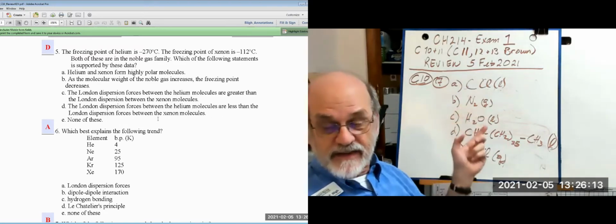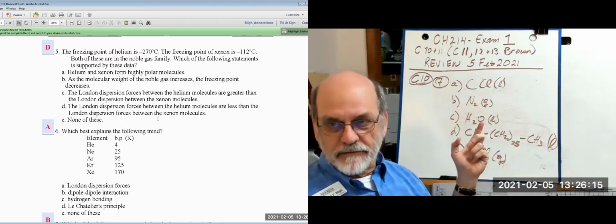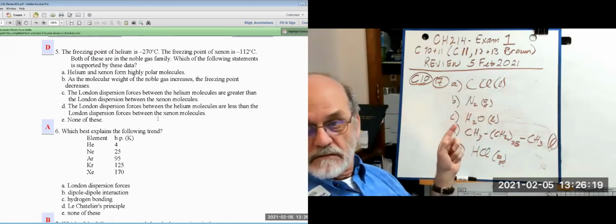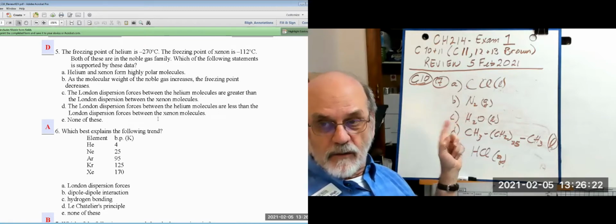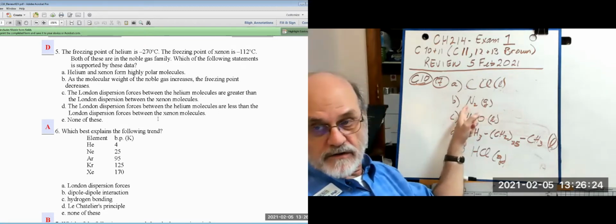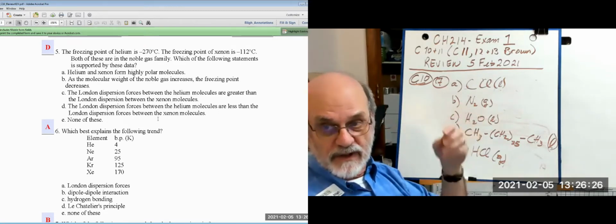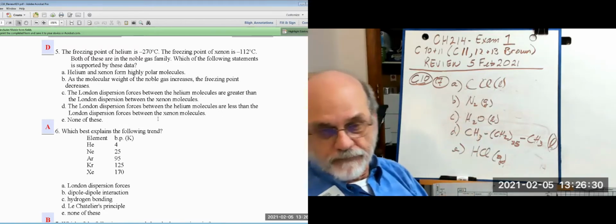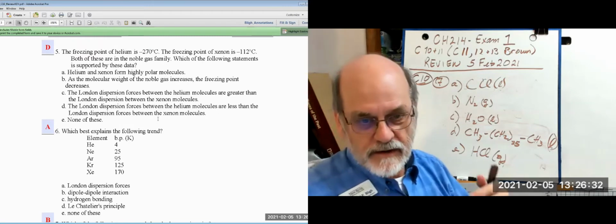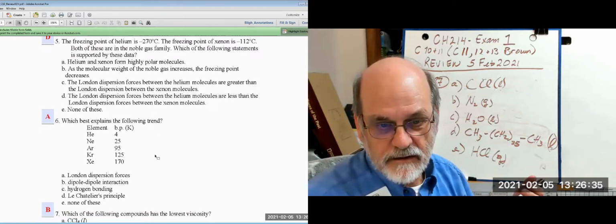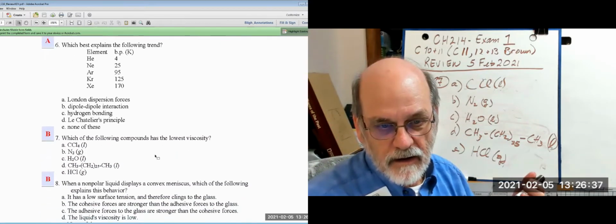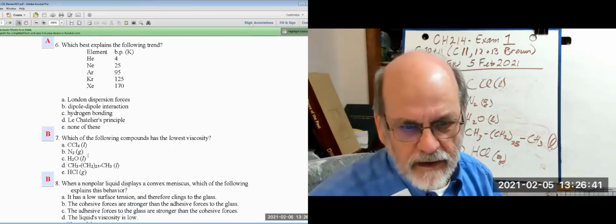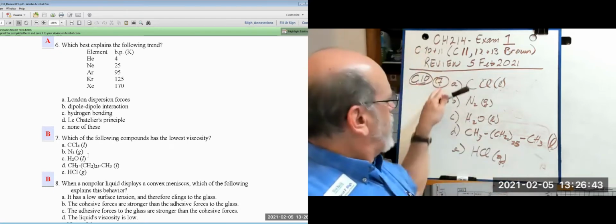So the gas is the least viscous of all of these, due to its phase, plus due to the fact that there's nothing holding them together but London dispersion forces. Okay, so answer 7 is B, nitrogen gas.